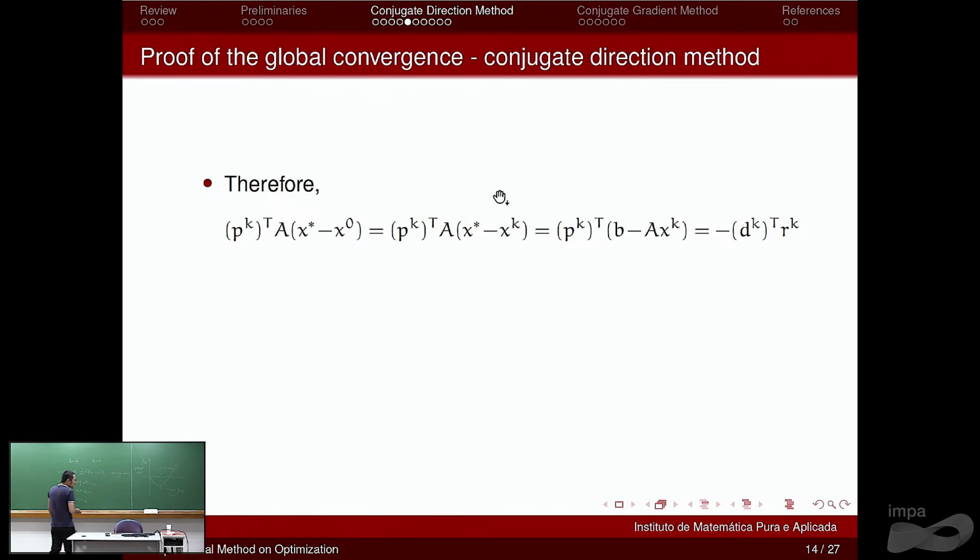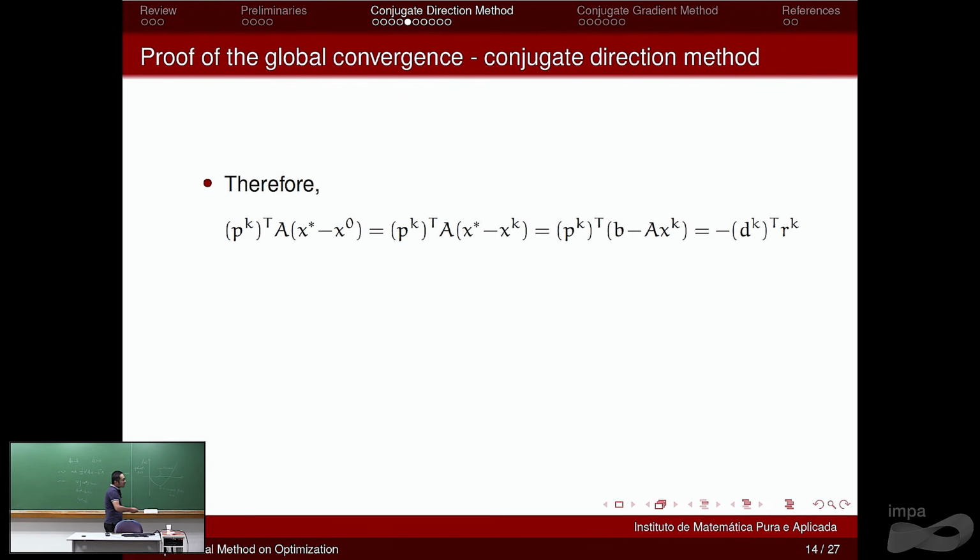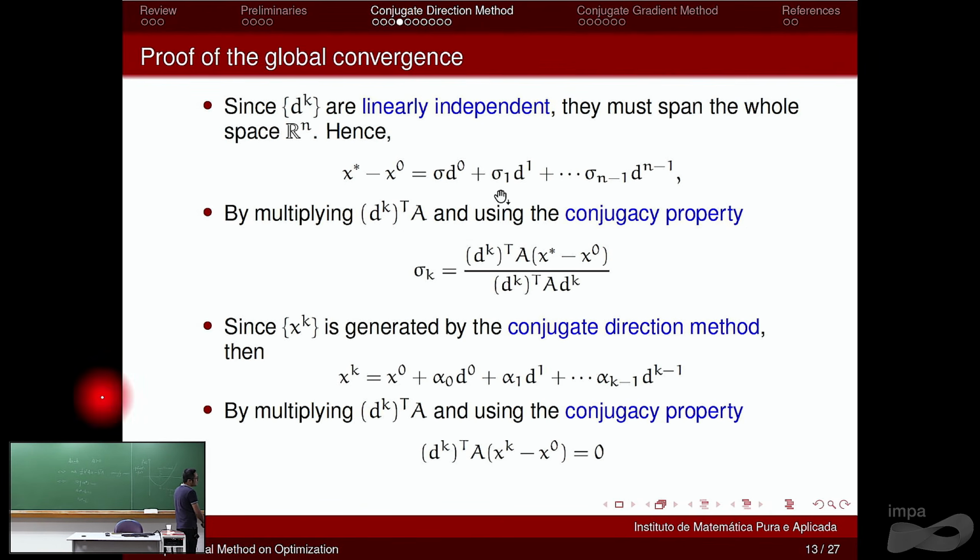From this property we get Dk transpose A (x star minus x0). Actually you can subtract xk and add xk in this bracket, and you use this equality.